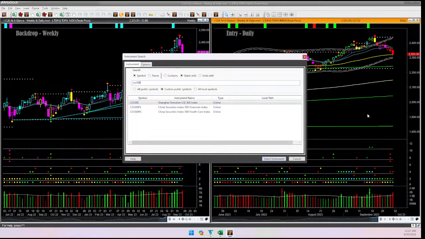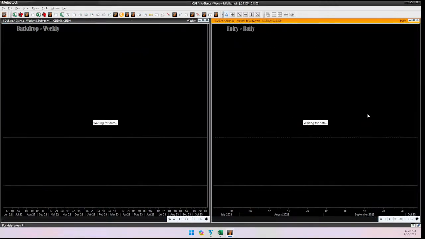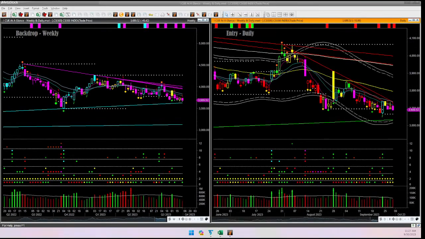Now China's CSI 300 index. The trendline resistances are still holding in daily. I think I mentioned in the last market recap, if these trendline resistances are broken, that will be the time to buy in the Chinese market. That has not happened yet.